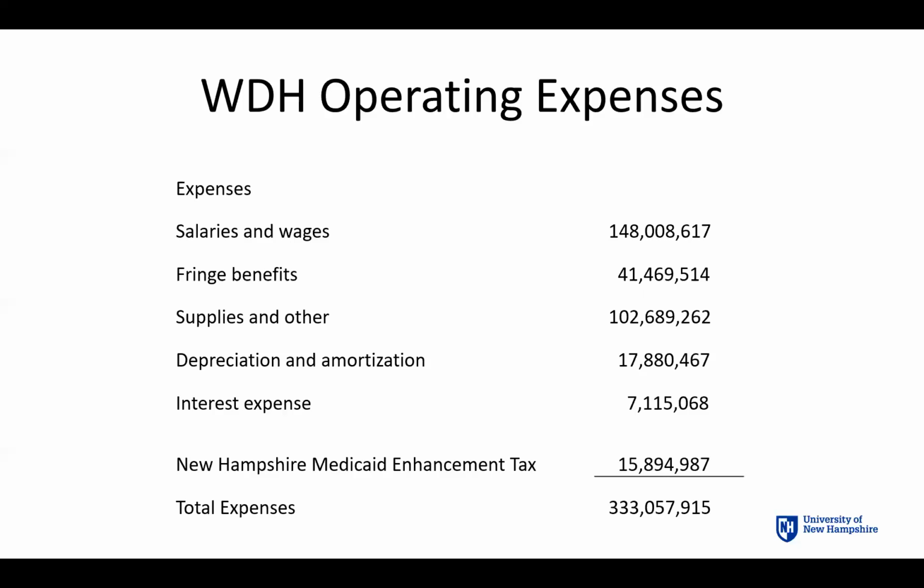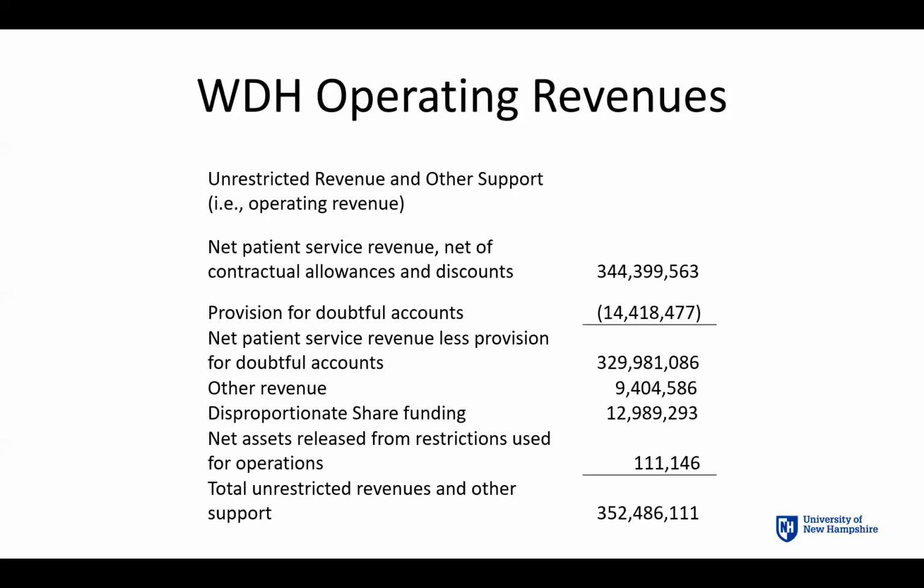Okay. So you've got salaries and benefits. They could be lumped together, but they're going to represent the lion's share of expenses. And look at what we're talking about here. 148 plus 41, that's $189 million in salaries and benefits. And our total revenues, after allowances for doubtful accounts, is 329.